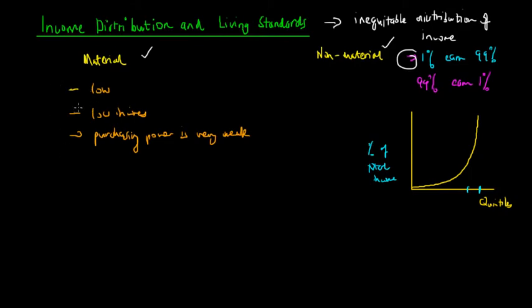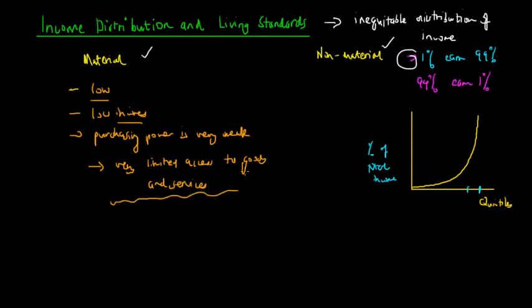And if we aggregate all these together, we will see that because they have low material living standards, due to low incomes and a very weak purchasing power, this means they have very limited access to goods and services.